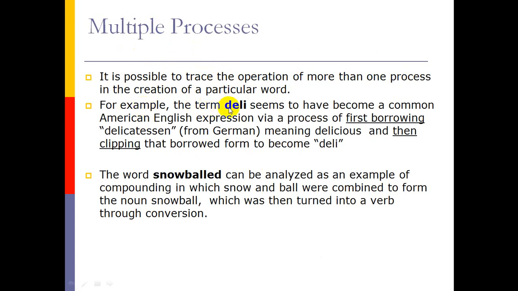For example, the term deli seems to have become a common American English expression via a process of first borrowing delicatessen from German, meaning delicious, and then clipping that borrowed form to become deli. So two processes were followed in order to come up with the word deli.